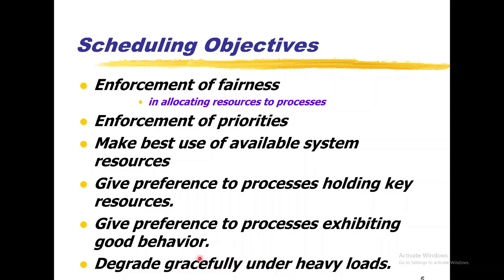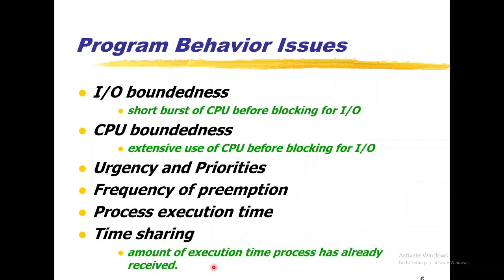If we have lots of processes running, scheduling can help make sure that the system degrades gracefully by shutting down some processes of lower priorities and running the ones with higher priority until the system gets itself back.